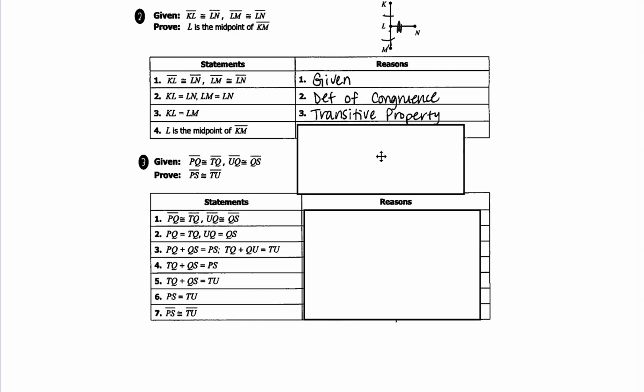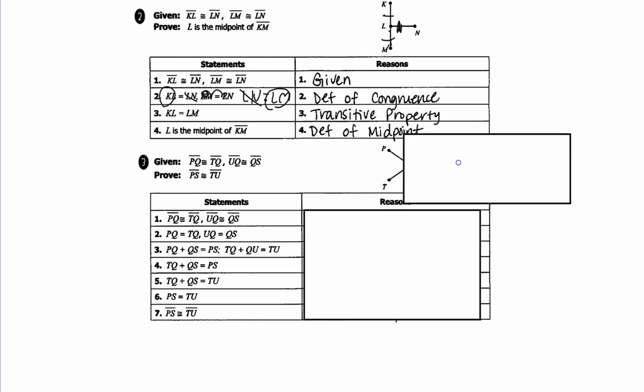Transitive property. So basically what it's saying is that KL is equal to LN, and LN equals LM. You see how they're in the middle next to each other, so they kind of cancel out, and all that leaves is this. That's your transitive property. And then finally, L is the midpoint of KM, because that's going to be the definition of a midpoint.